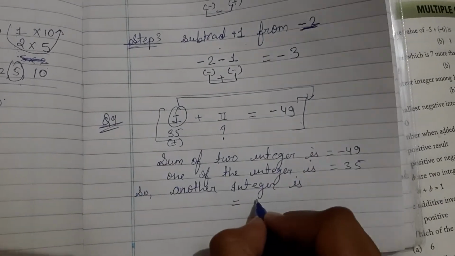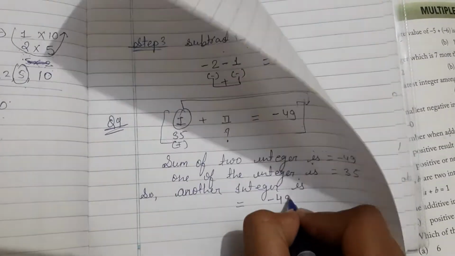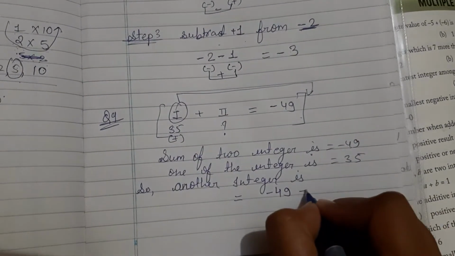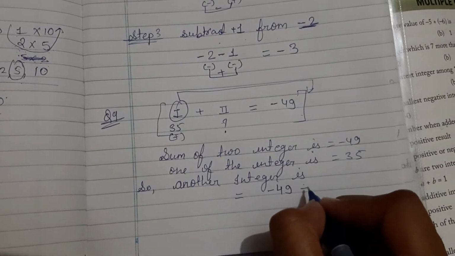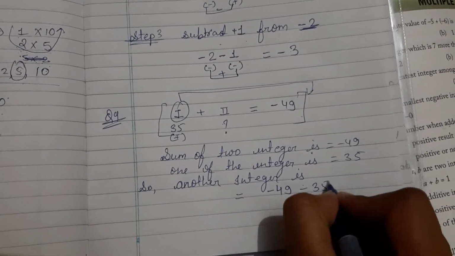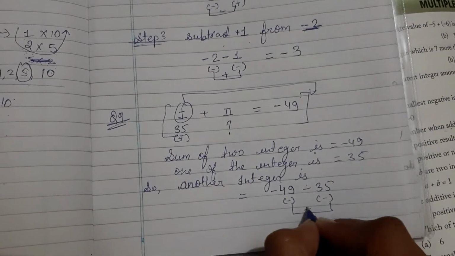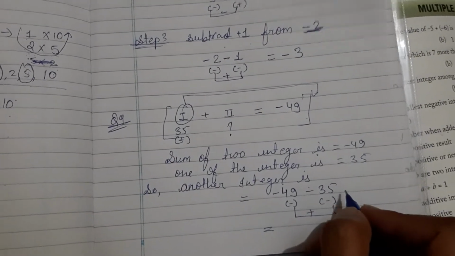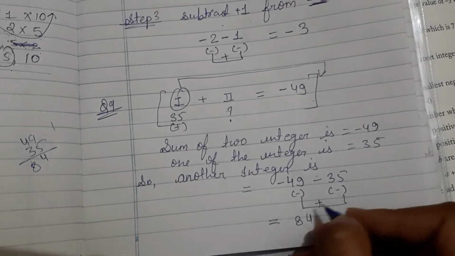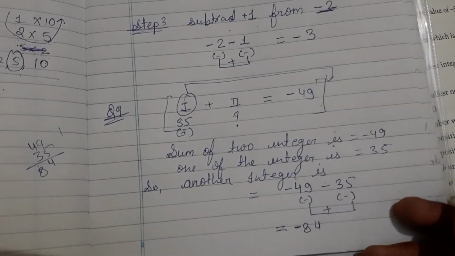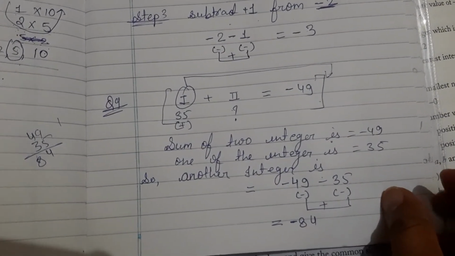So here you can write minus 49, then minus 35. Now here is minus, this one is also minus, minus minus plus. So add, add 35 to 49. So 84 with a negative sign. Okay, so your answer to question number 9 is minus 84.